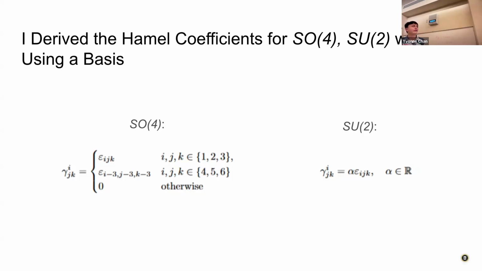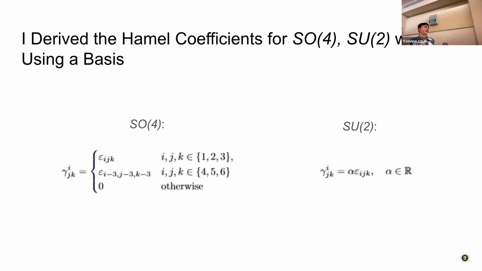So for SO4, I found that, interestingly, the four-dimensional rotation decomposes into two individual three-dimensional rotations as far as the Hamel coefficients are concerned. And the way that this does it is a rotation in four dimensions is parameterized by six coordinates, and a rotation in three dimensions is parameterized by three coordinates.